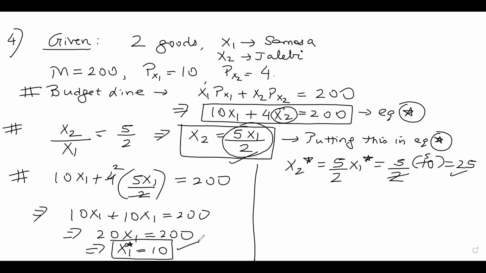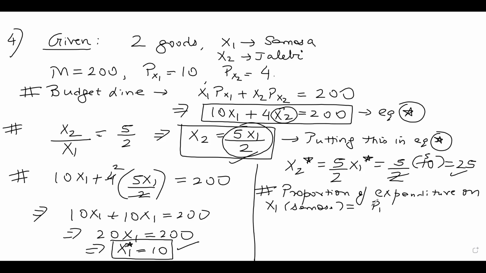Now what is the proportion of the expenditure on x1? So proportion of the expenditure on x1, which is samosa, is equal to p1 into x1 star divided by income. How much is p1 into x1 star?